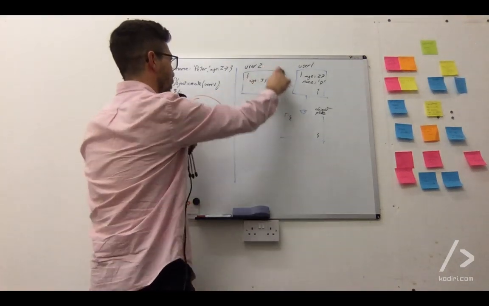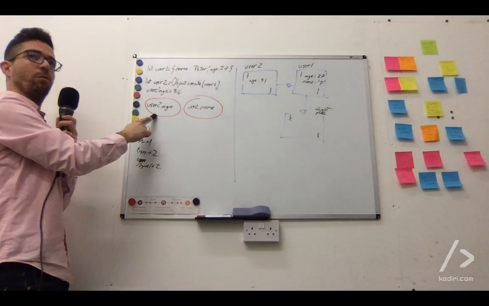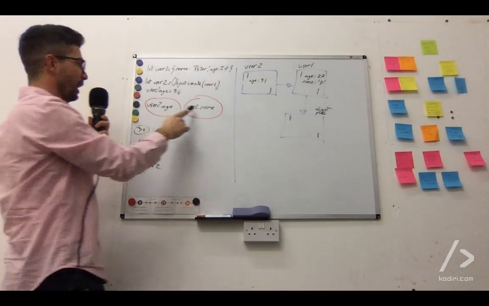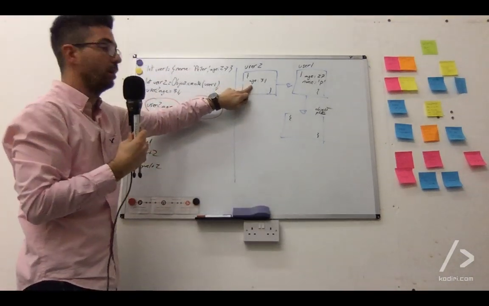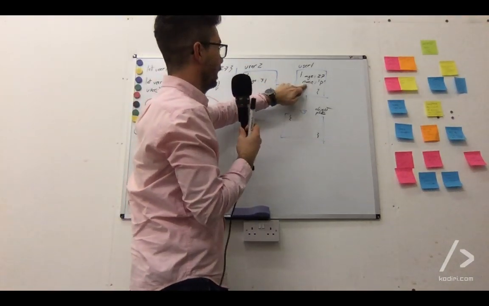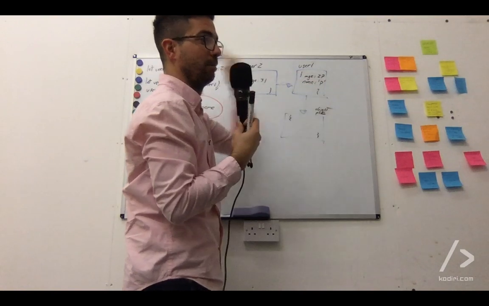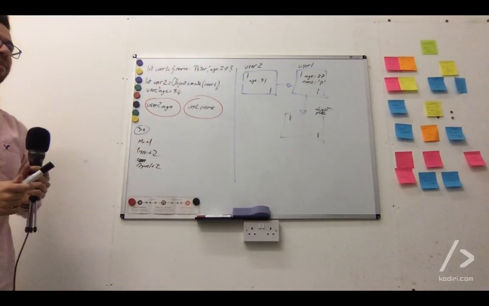Do I have the age property here? Yes. Return it. user2.age equals 31. And then user2.name. Do we have a name property here? No. Okay, don't give up yet. Next box. Do we have the name here? Yes. Return it.